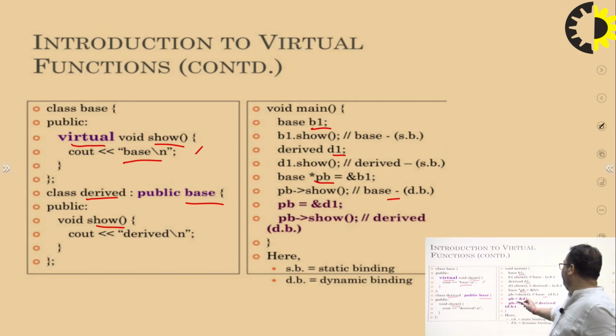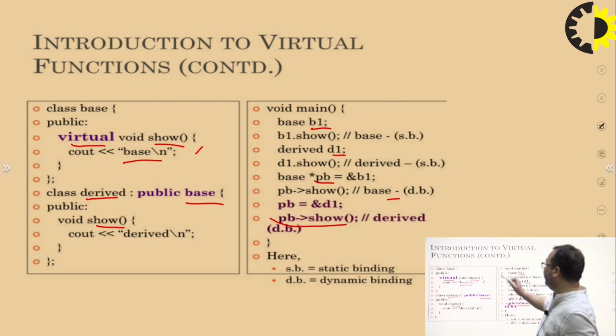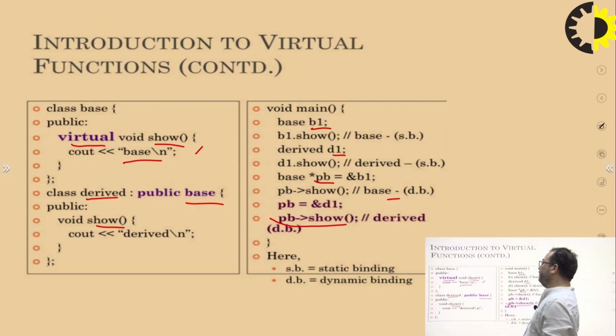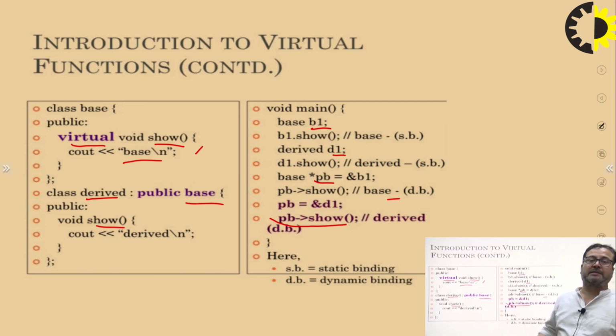Now we assign the address of the derived class object d1 to the base class pointer and invoke the so function. This time, since we have made the so function in the base class virtual, it will not invoke the base function. It will only invoke the function in the derived class. So we say that the derived class overrides this one.